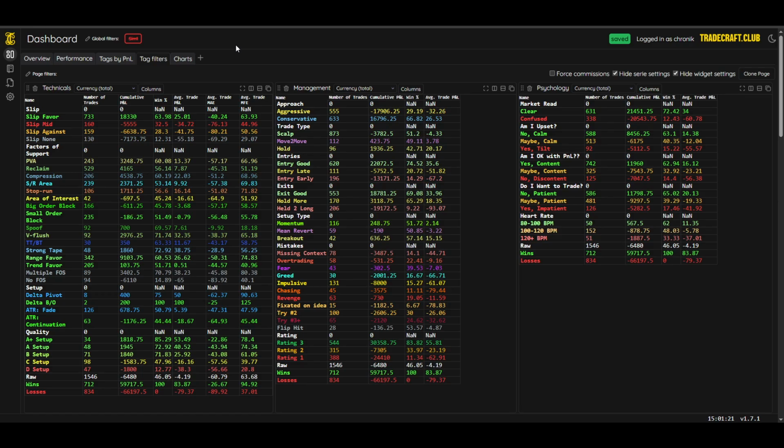I screenshotted it. You can see the average MAE is the least on favor shimmy. Wow. Are you seeing that? Yeah, and most MAE is when I'm going against the goddamn thing. Yours looks exactly the same. Can you screenshot yours? Exactly the same, almost.